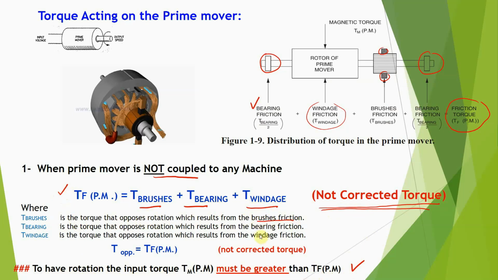T bearing is the friction due to bearing friction. T windage is the friction due to windage. Okay? And to summarize, the torque opposition must be equal to the torque friction of the prime mover, and the input torque must overcome it in order to have rotation.